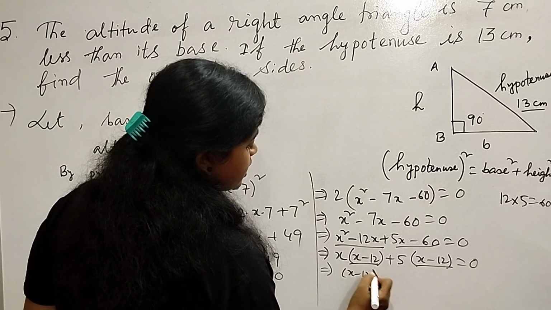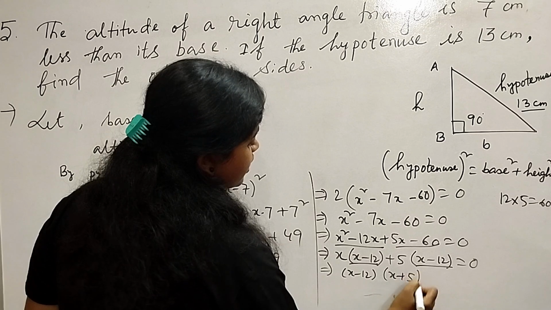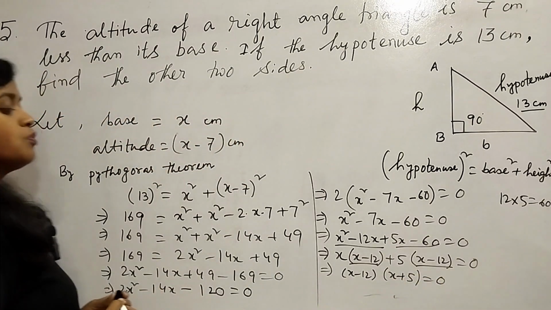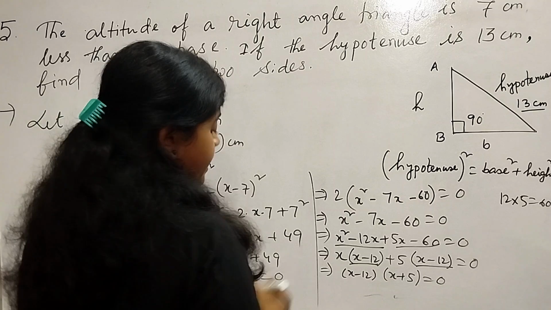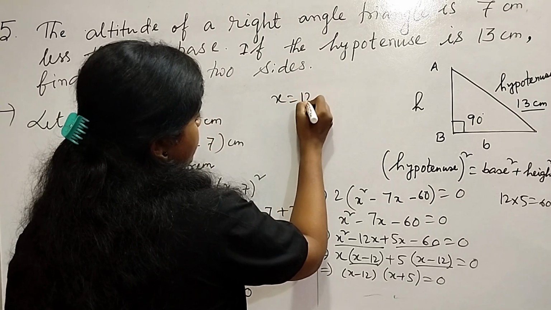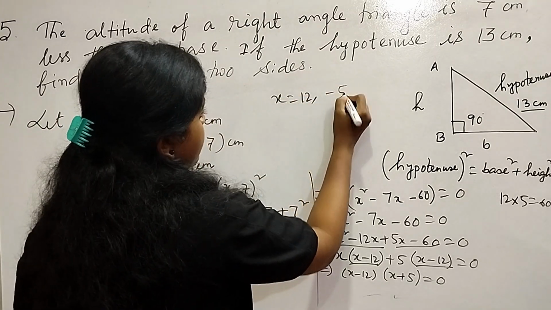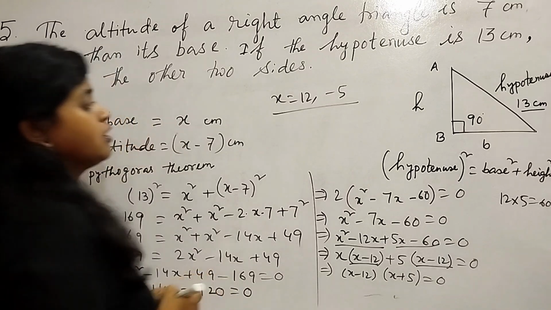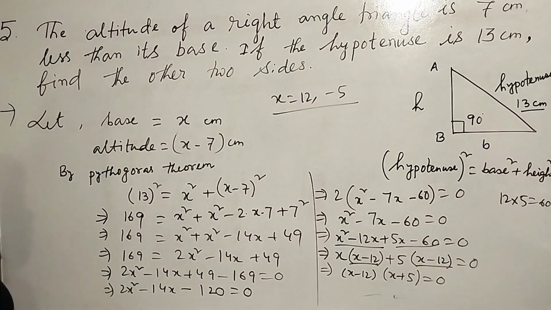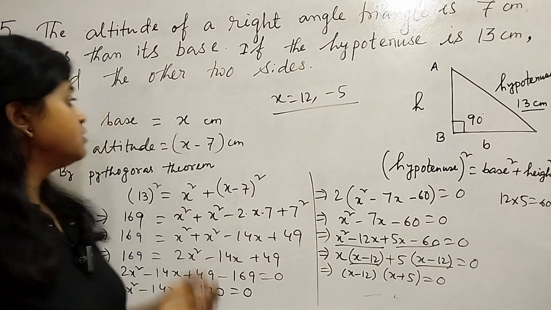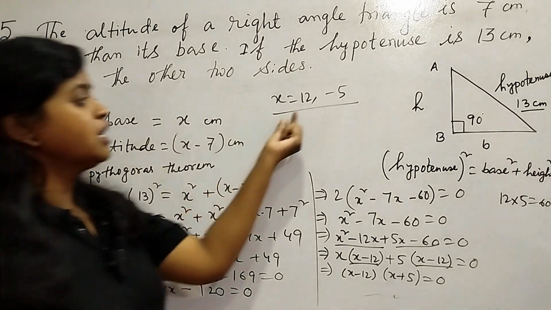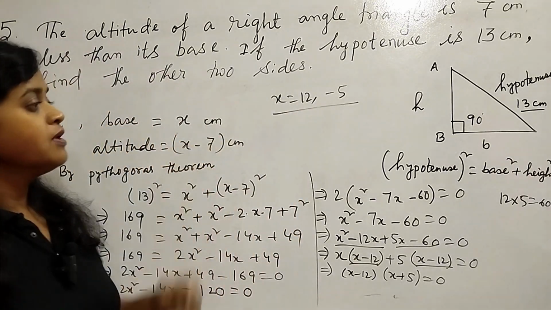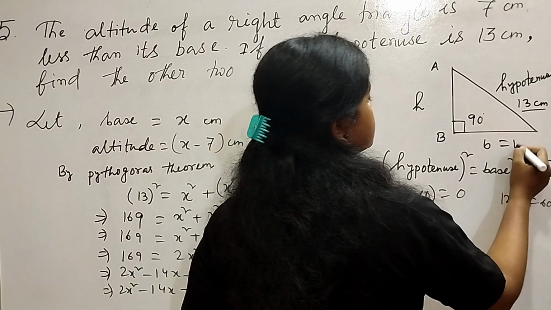So x minus 12 into x plus 5 equals 0. So we get x equals 12 and minus 5. These are the roots of the quadratic equation. But we need to find the base. Base cannot be negative, so we take 12 as its base. So 12 would be its base.